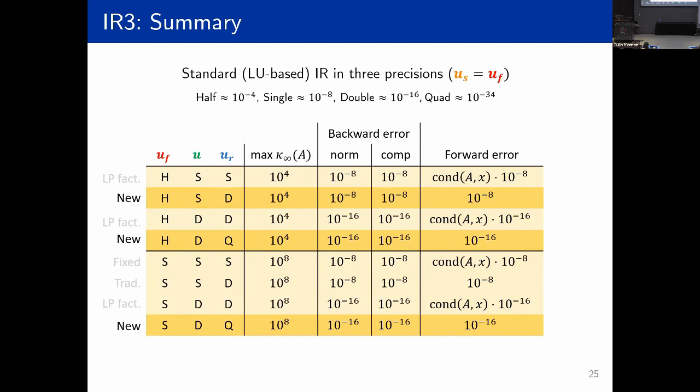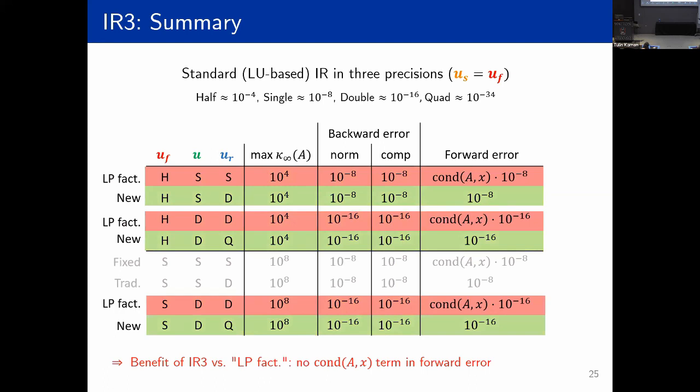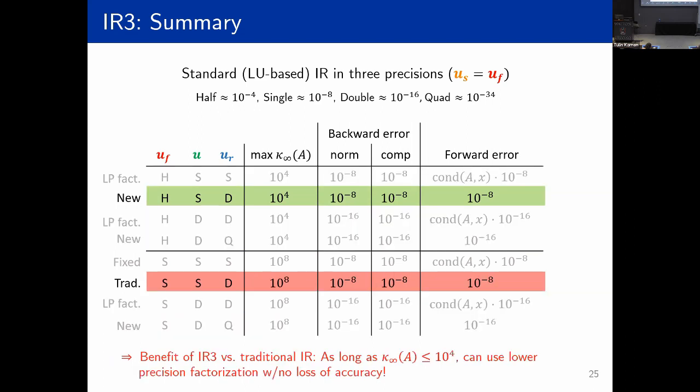Some things to point out. If I compare these three precision versions to the low precision factorization, by using a third precision for the residual computation, I get rid of the condition number terms in the forward error. That's nice. If I compare to traditional iterative refinement, notice the backward and forward errors are all the same here.